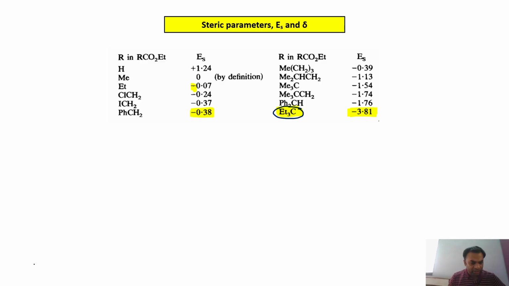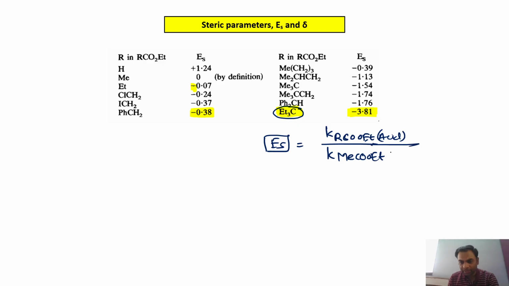So in this way, we calculated the value of ES by measuring the rate constant for the acid catalyzed hydrolysis of aliphatic ethyl esters with methyl ethyl acetate, and by comparing this rate for acid hydrolysis, we have a value of ES.